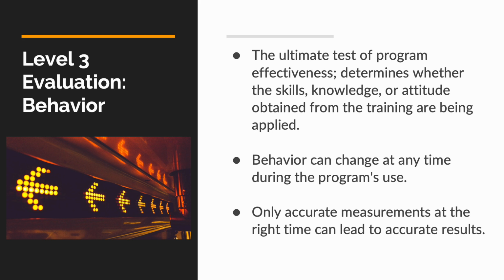This can be difficult for a variety of reasons, but one of them is that behavior tends to change at any time during a program's use, and different users change their behavior at different rates. Some users may change their behavior from the training very quickly, and others not so. But this is only accurate based on when and how the actual measurements of the training were conducted.